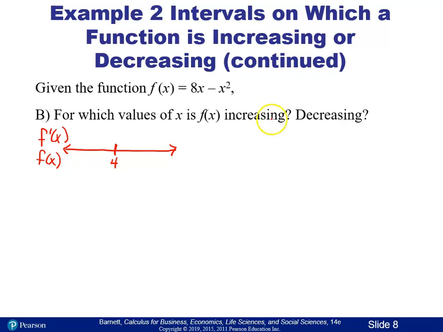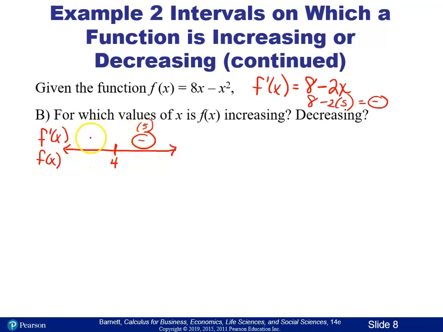Our first derivative, I'm going to put that back up here so we can look at it, is 8 minus 2x. If I plug in something greater than 4, let's say we plug 5 into the derivative, that's going to be 8 minus 2 times 5. So that's going to be a negative. So it's negative over here.